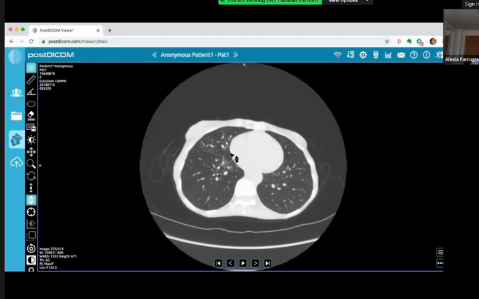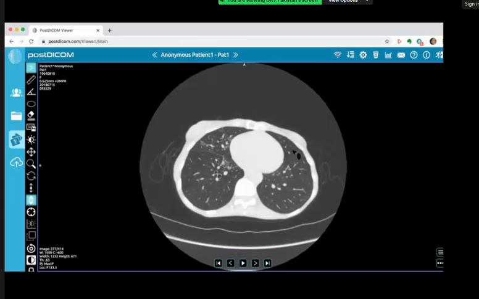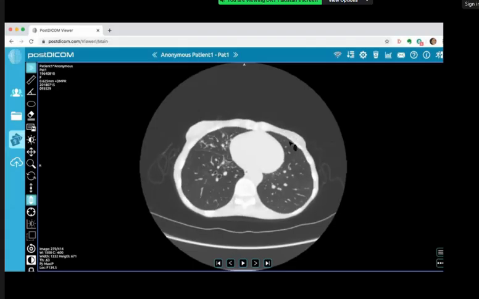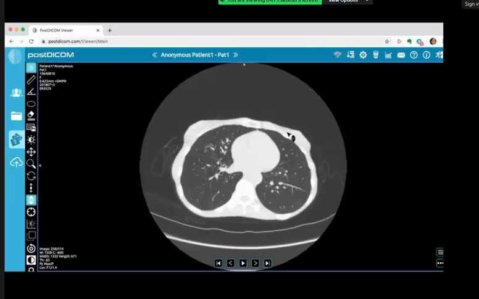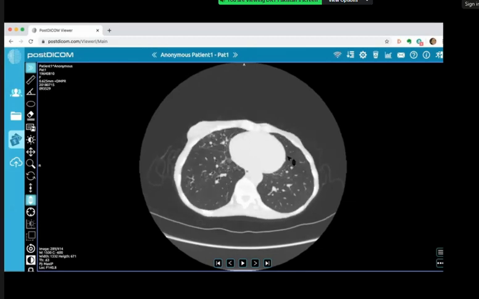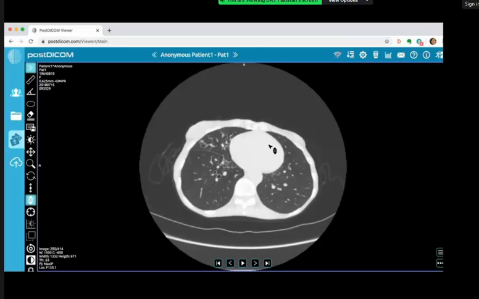Can you follow the bronchi to the periphery? I can, yes. I'm just trying to see if these nodules are in a certain distribution. The nodules appear to go to the pleural surface, which would be in keeping with a perilymphatic distribution.